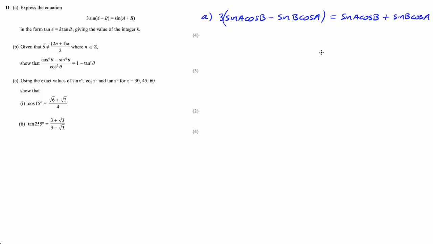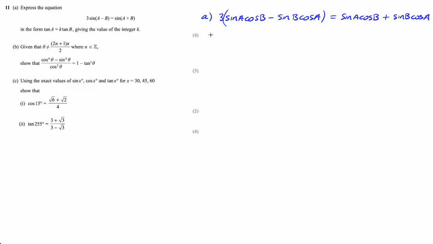Okay, so he wants this equation in this form, tan A, tan B, right? So to get tan A, guys, I think we should just divide everything by cos A. Hang on, let me think.